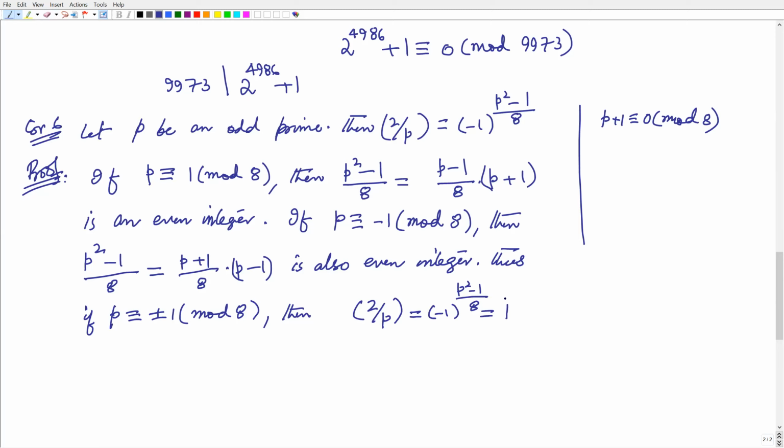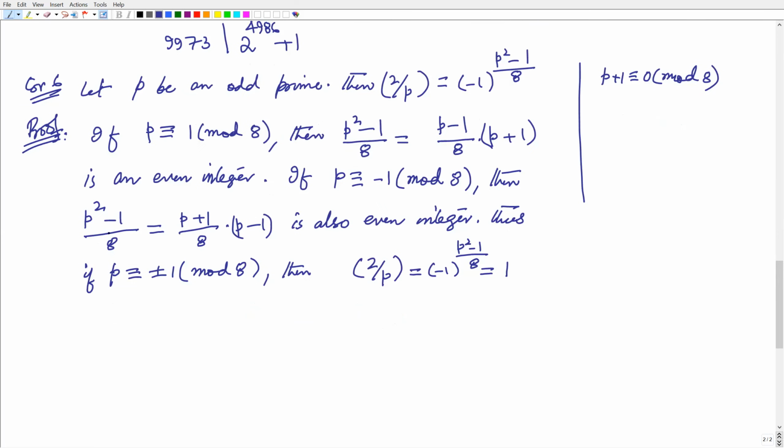Okay, so according to theorem 6, if p is congruent to plus minus 1 modulo 8, then the Legendre symbol of 2 is 1. Okay, now look at if p is congruent to plus minus 3 modulo 8.